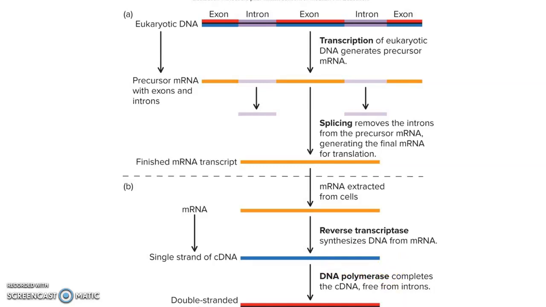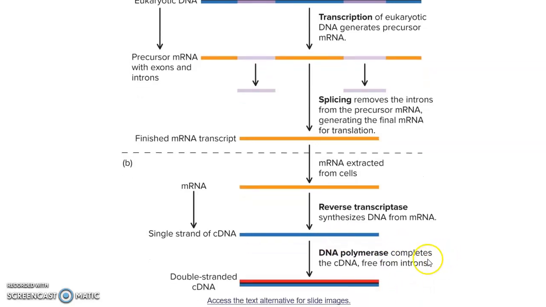And then you can use DNA polymerase to make the complementary strand to the strand that was made using the reverse transcriptase. Then these double-stranded DNA sequences that have been made using this process can be readily translated or used to create proteins by bacteria.